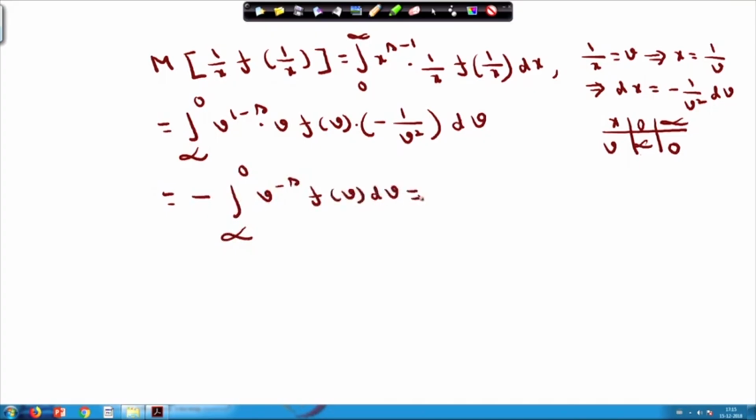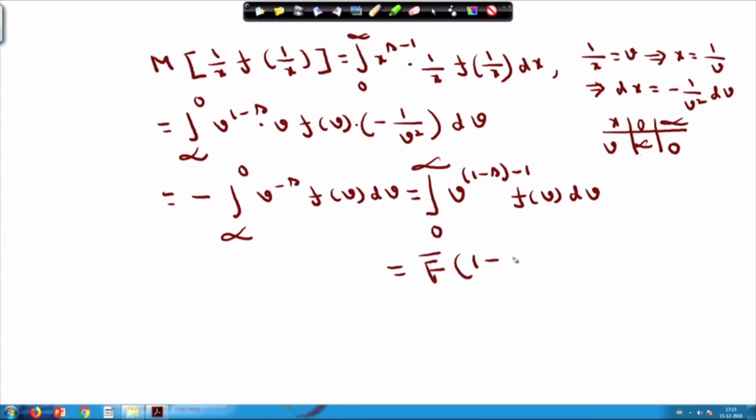And this equals, you can interchange the limits and the minus will go out, so the integral from 0 to infinity of v to the power minus s, which I can write as 1 minus s minus 1, into f of v dv. Again, this is nothing but the Mellin transform of the function at 1 minus s. So this equals f bar 1 minus s.